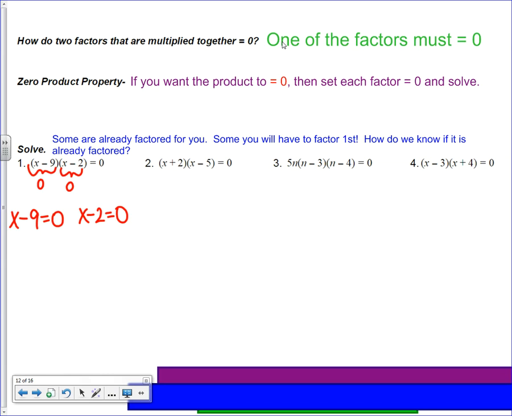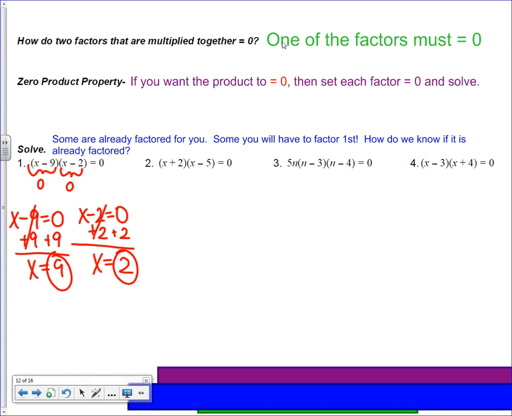How do I isolate the x? Correct, x does equal 9 because I would add 9, and now the x is alone. Is this okay for everybody? Now over here, I would also add the 2 to isolate the x. How is that for everybody? And those are your two answers.